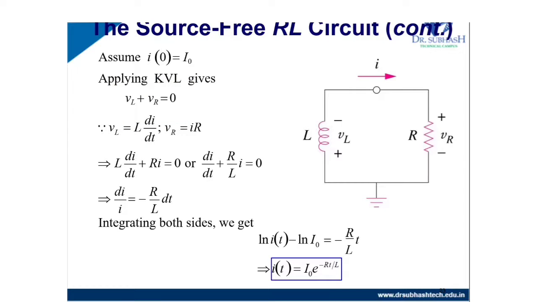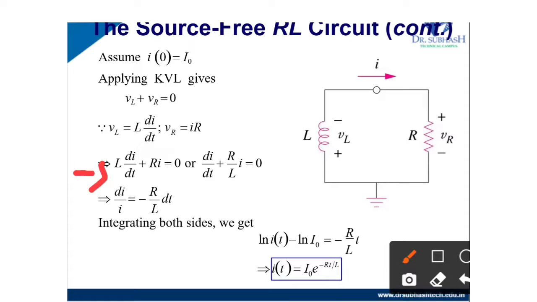But we know the voltage across the inductor VL equals L di by dt, and the voltage across the resistor is simply by Ohm's law, current multiplied by resistance, that is i multiplied by R. So we put the values of VL and VR in the equation VL plus VR equal to 0, and it becomes L di by dt plus R i equal to 0.